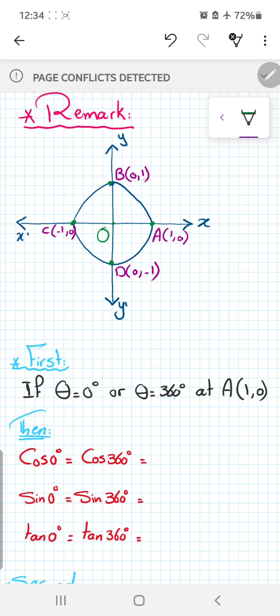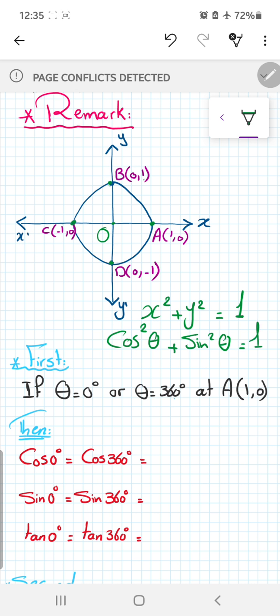We said also the equation x power 2 plus y power 2 equals 1. And we studied before that x means cosine theta and y means sine theta.